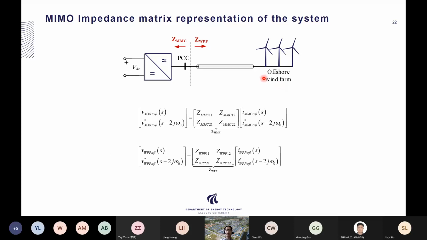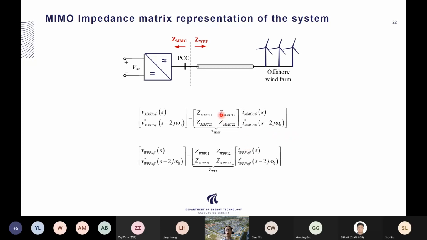Okay, so as I said before, if we consider the asymmetrical DQ control dynamics of the MMC, both this MMC impedance as well as wind turbine impedance should be represented by this 2x2 matrix, which categorizes its frequency coupled dynamics.